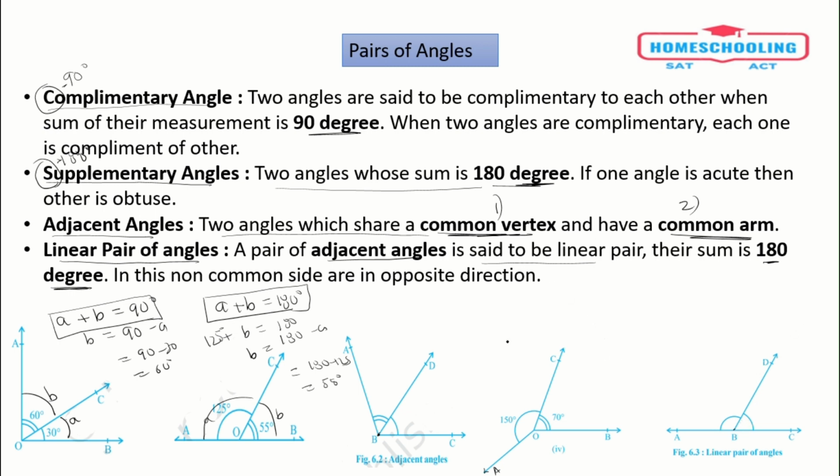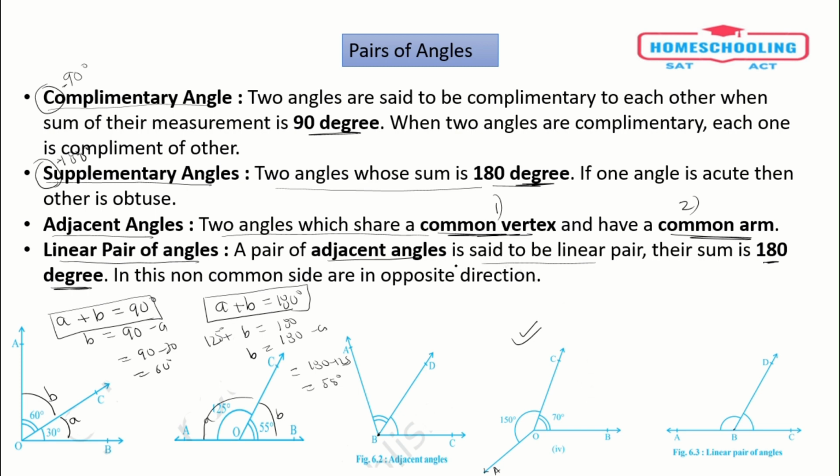Now let's take this figure. Tell me, is this an adjacent angle or a linear pair of angles? Let's check. As we know, for a linear pair the sum should be 180 degrees, but here 150 plus 70 is 220, so it is not a linear pair of angles.